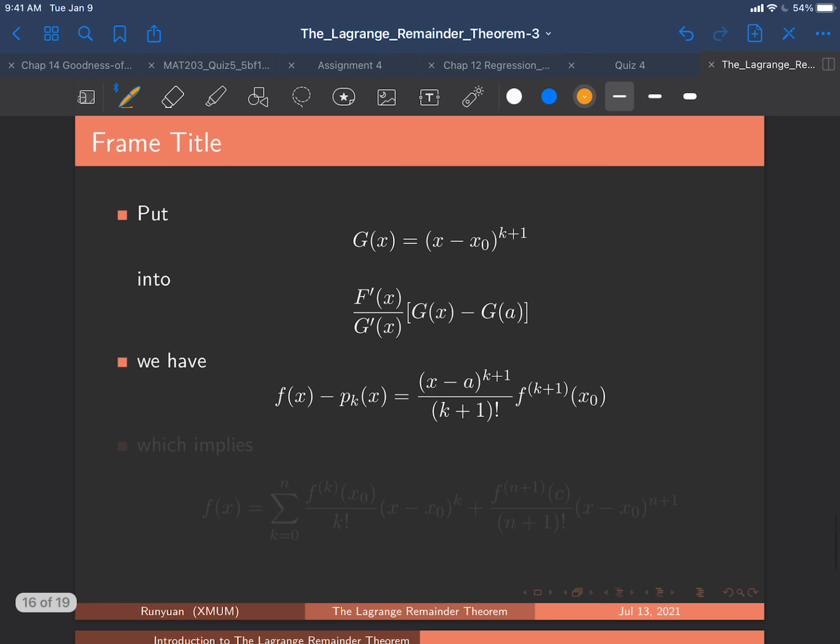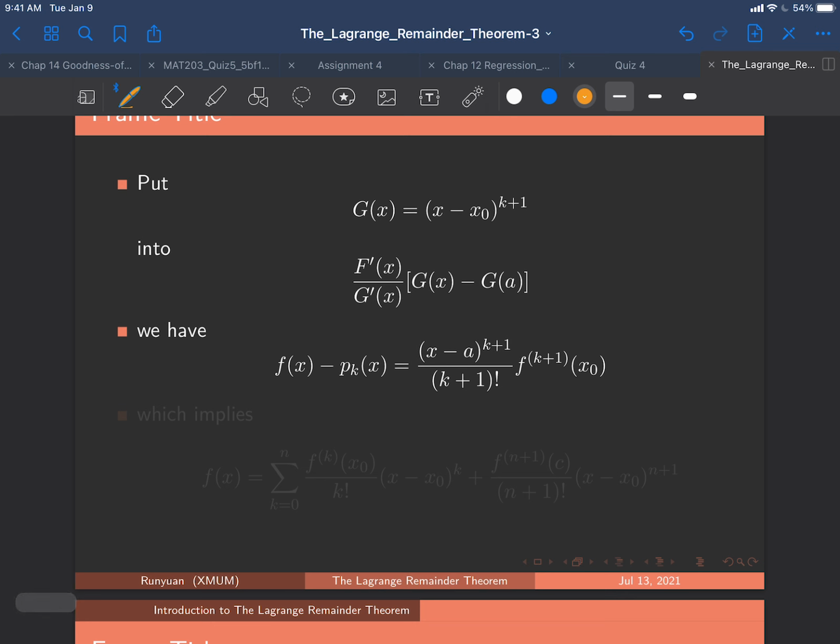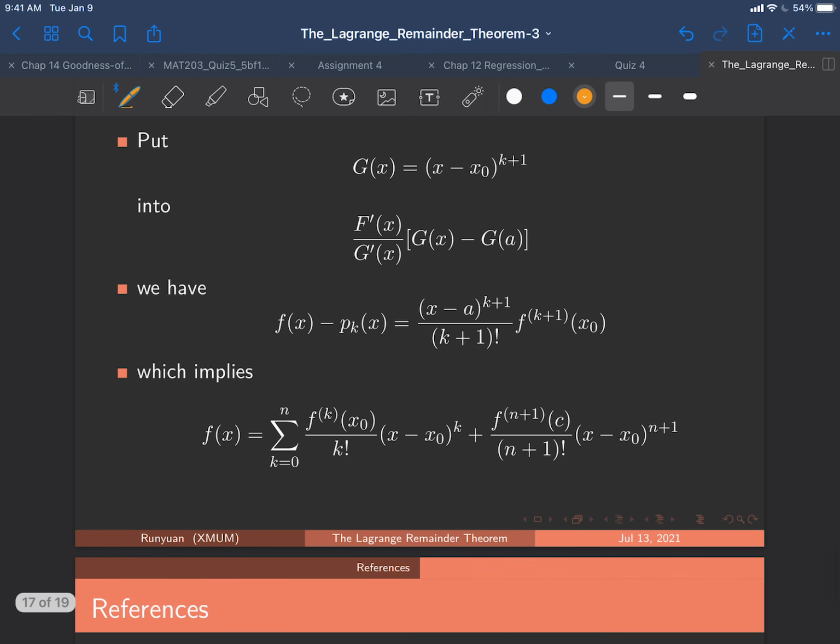And we will have f(x) minus P(x) equal to (x minus a) to the power k plus 1 divided by (k plus 1) factorial times the (k+1)th derivative of f at x0. After moving the terms P_k to the right hand side, we have exactly the Lagrange Remainder Formula.